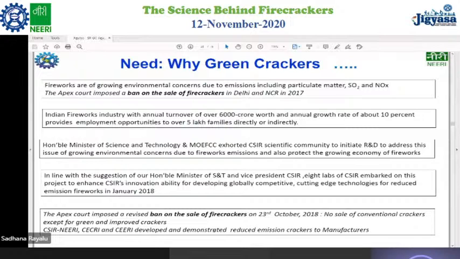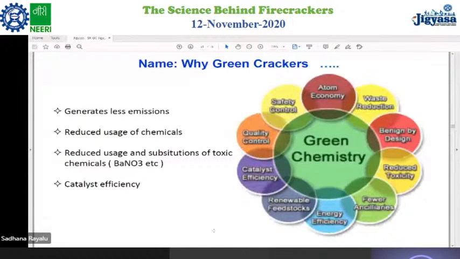So with this in the background, several laboratories came forward, and we developed the green crackers, and the Apex Court was okay with the findings of CSIR, and then they partially lifted the ban on the sale of firecrackers, saying that yes, you can sell crackers, but it would be only green crackers. This directive was given by the Apex Court in October 2018. And why is it called green crackers?